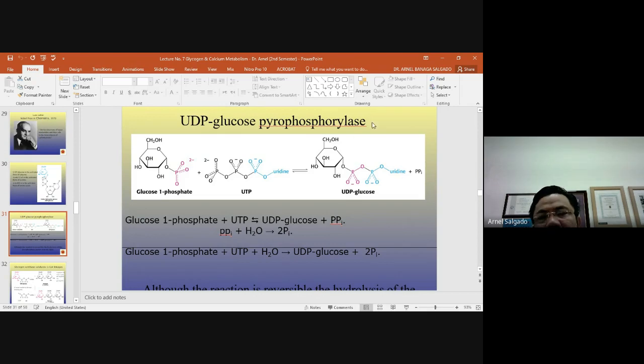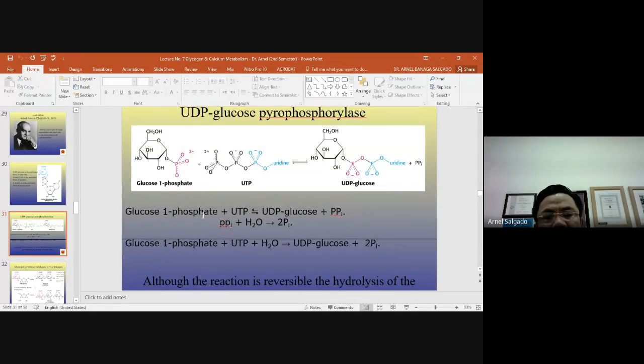This is the one that will be required. So glucose 1-phosphate plus uridine triphosphate will produce uridine diphosphate glucose plus PP, by pyrophosphorylase plus water. And we use a phosphate in this case.